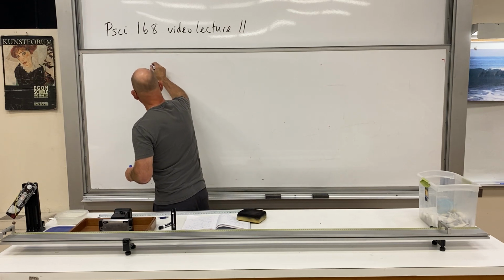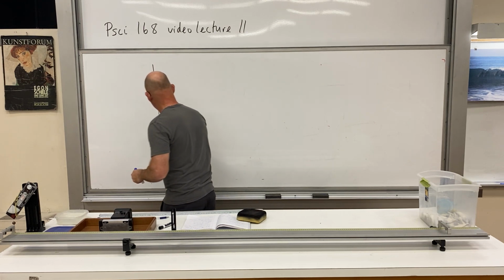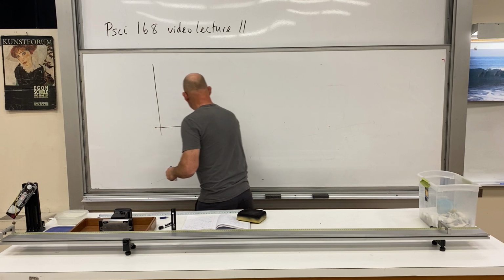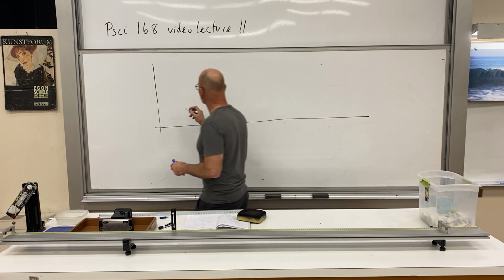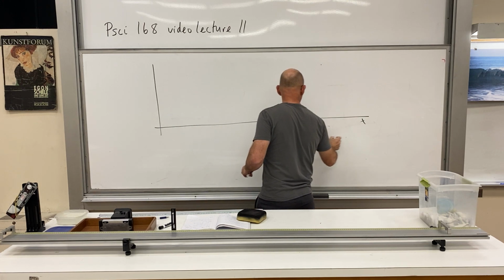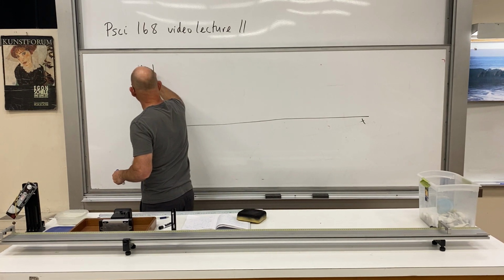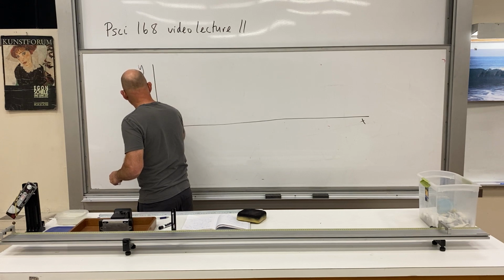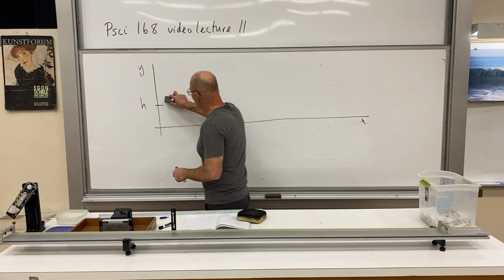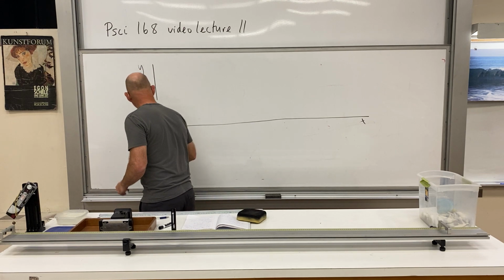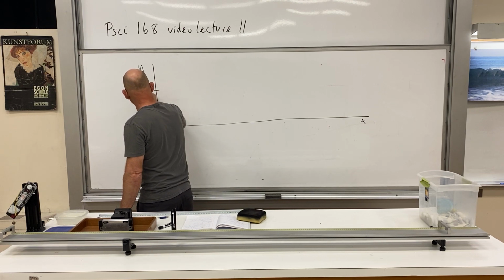So we will have two axes, make a pretty wide one here, but I still need room to write some words. Here's our x-axis. Here's our y-axis. We're going to start here from height h. In fact, I'll make that h a little more generous. Let's go up here. H, okay.